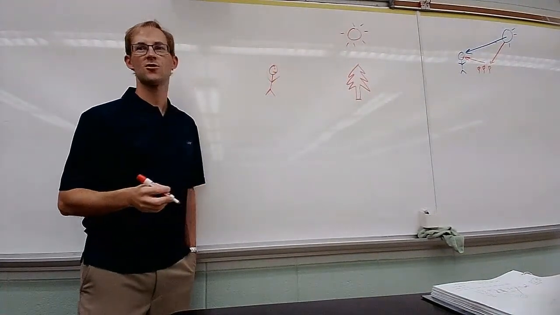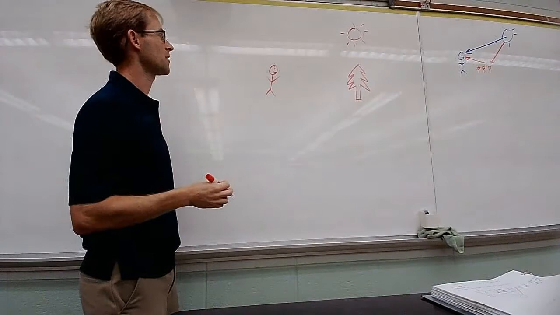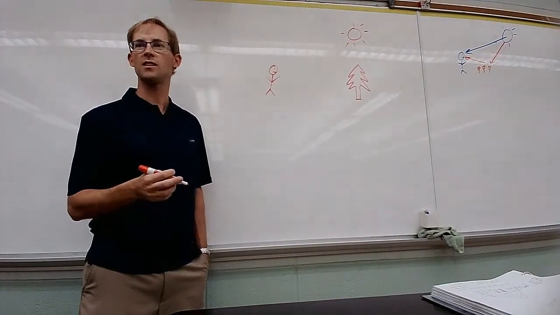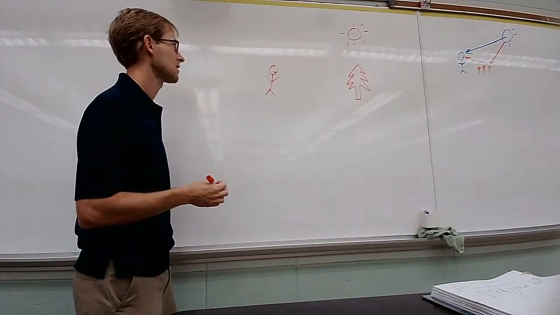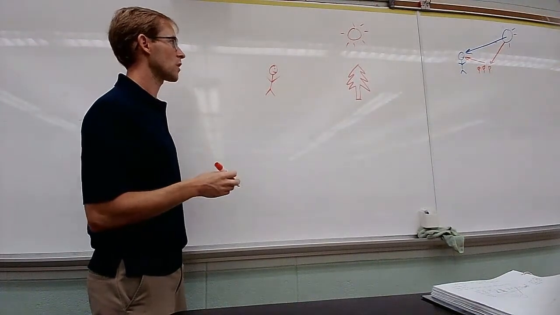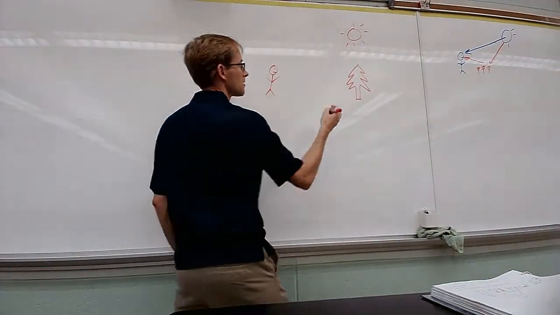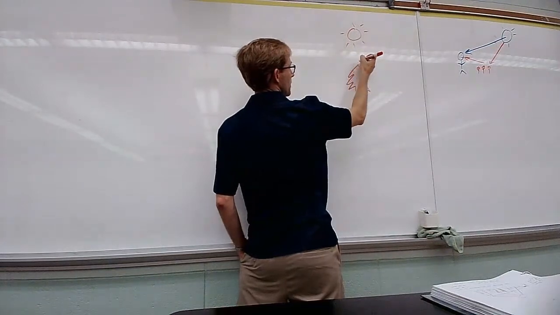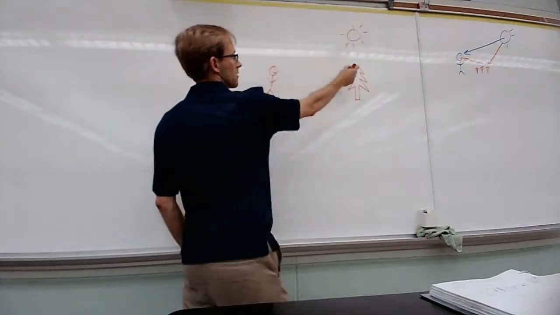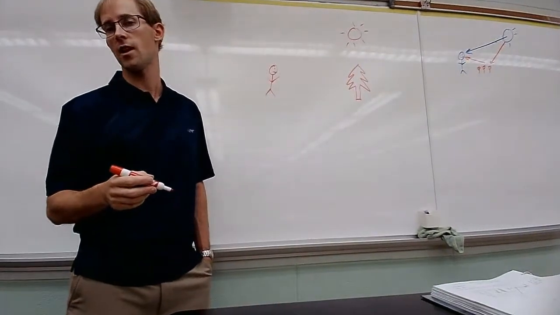And he can see a tree. And he's happy that he can see a tree. He can smell it from a distance, and it smells like Christmas. And the way that the light rays would work with this is, once again, the light rays would go from the sun. They would hit the object. Those light rays would go into the person's eyes.